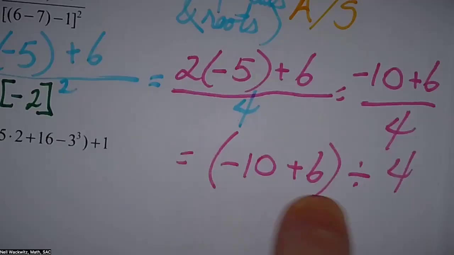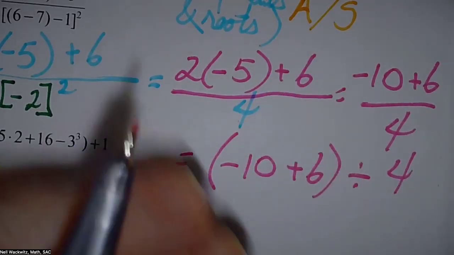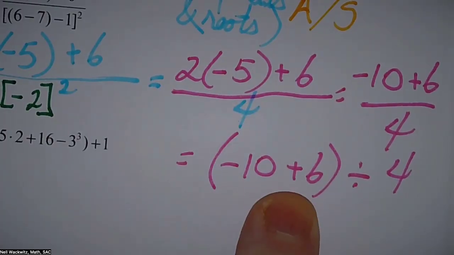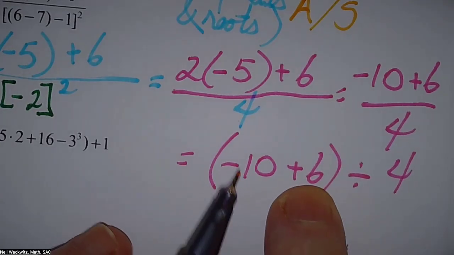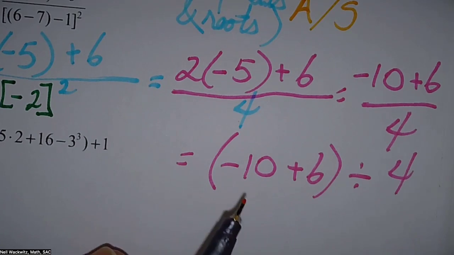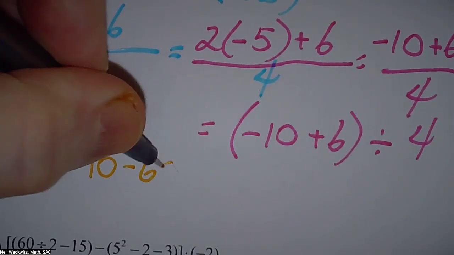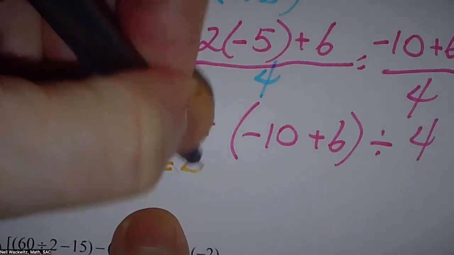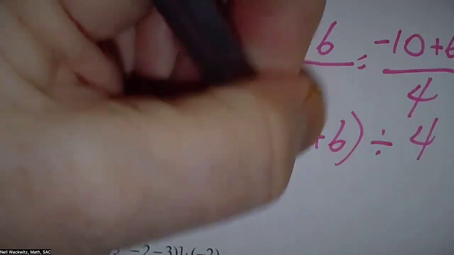So I need to add or subtract from left to right. Adding comes first. I've got a positive number and a negative. That means I subtract. I'm going to do 10 minus 6, which is 4, and the 10 is negative, so the answer is -4. Good.